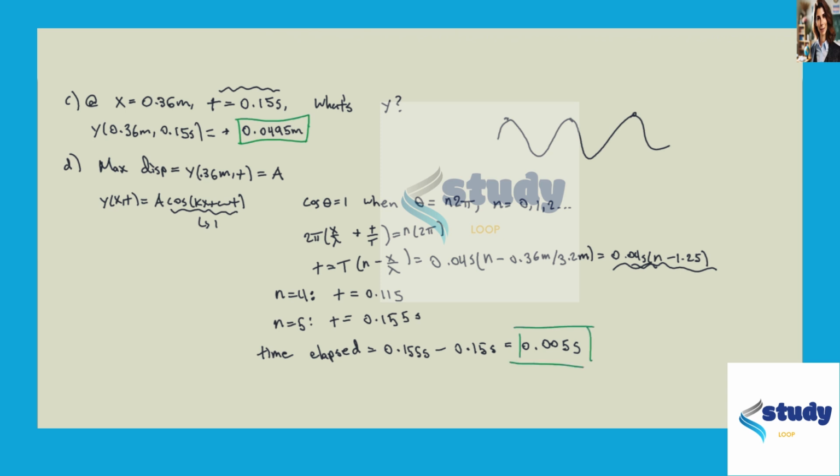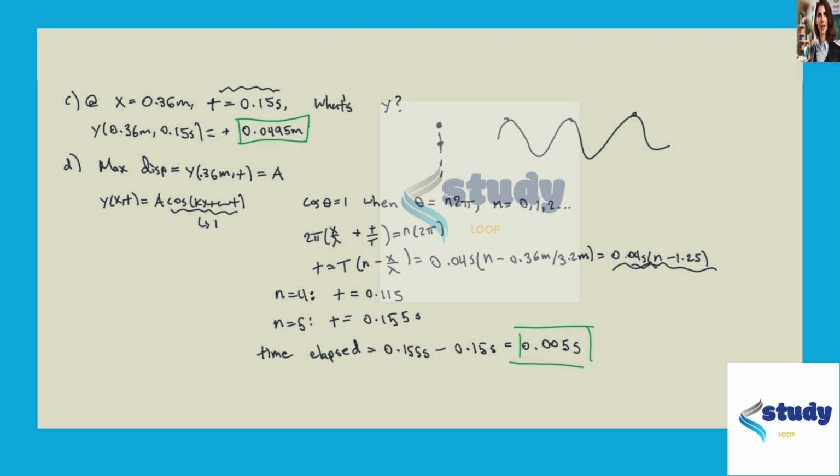So I know this is really complicated, so I'm just going to do a quick summary of what we did here. We're told that we're at a given x position, right? And at a given x position, the particle is just going to look like it's going up and down and up and down. We're given some time in this motion, 0.15 seconds, and we want to know how long it takes to get from here to its maximum point.